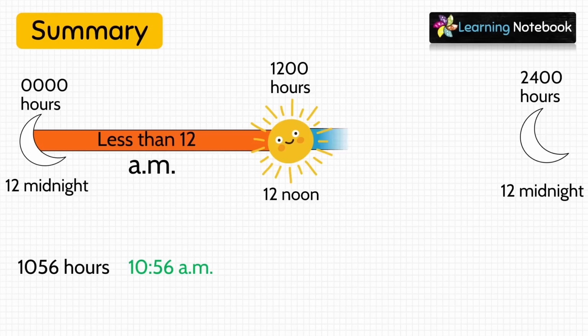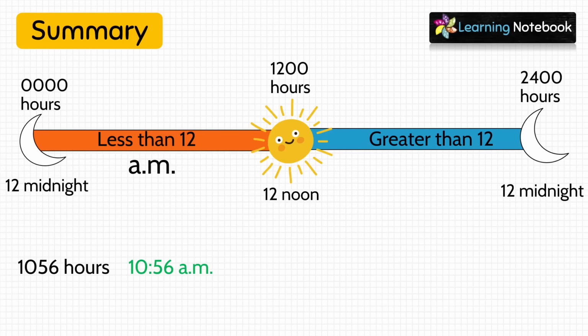Next, we learned if time is between 1201 hours to 1259 hours, then we will just write PM to convert it.